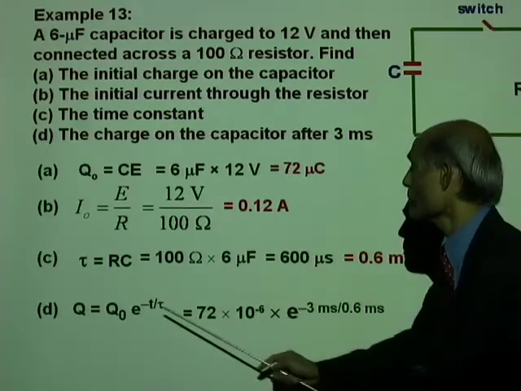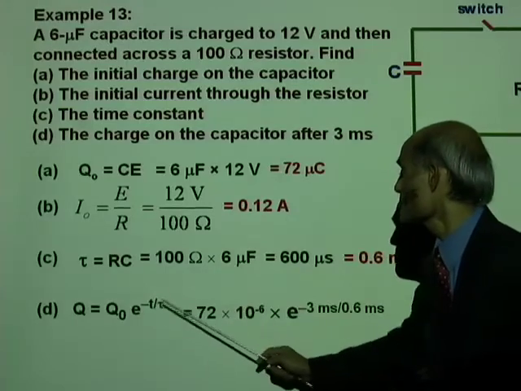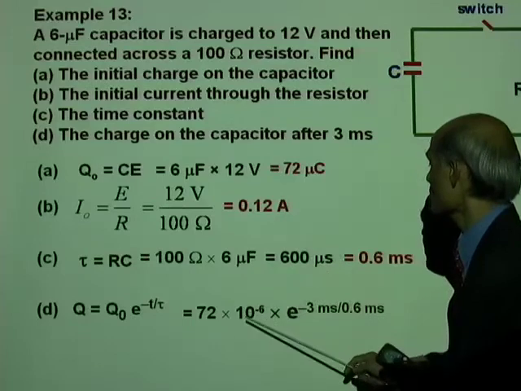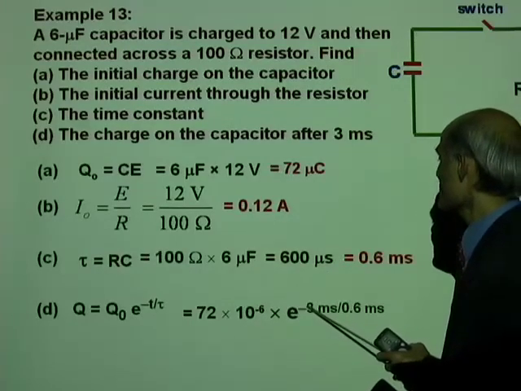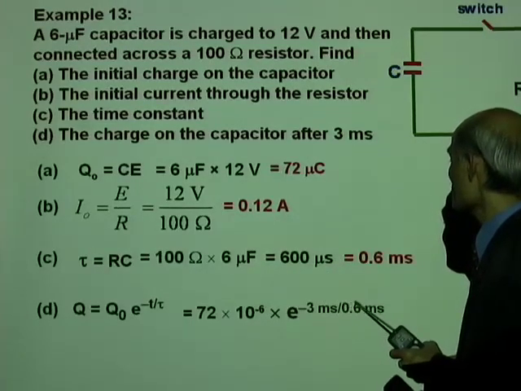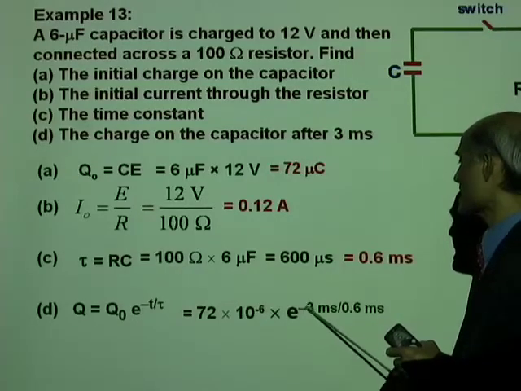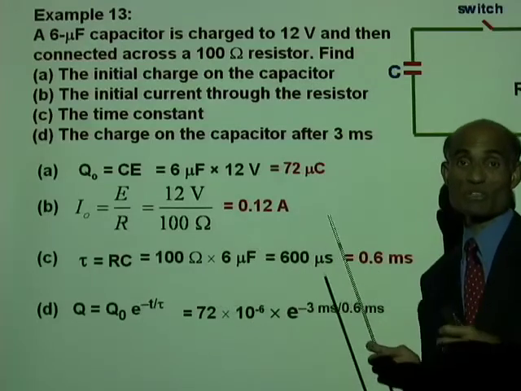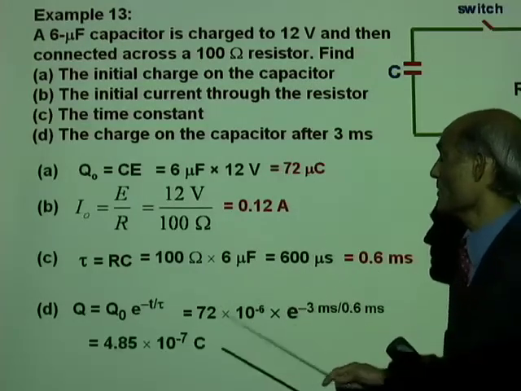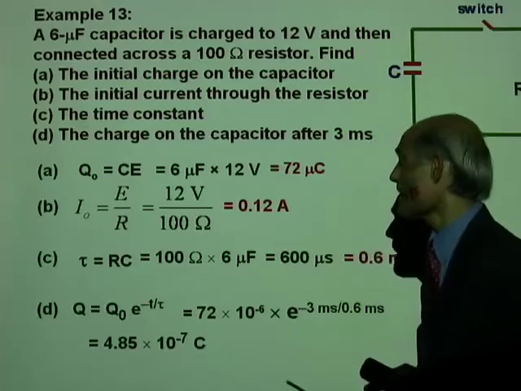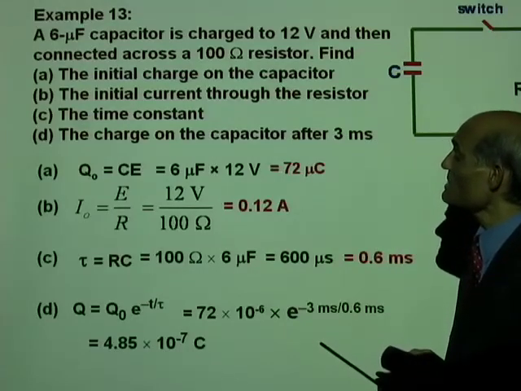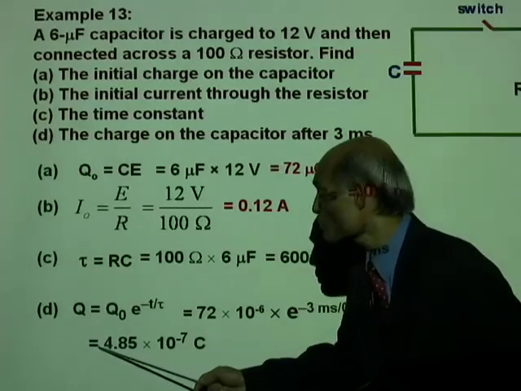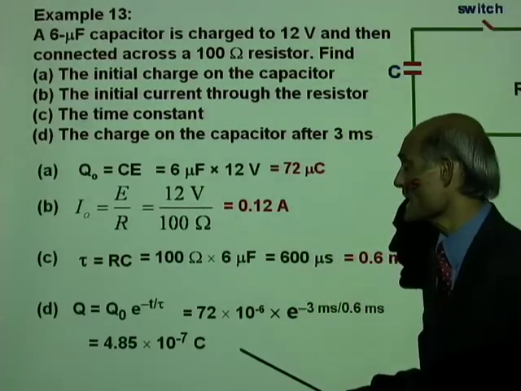So that will be 72 times 10 to the negative 6 coulomb times e to the power negative 3 milliseconds divided by 0.6 milliseconds. We can leave both in milliseconds because it's a ratio of the same quantities. That will be 4.85 times 10 to the negative 7 coulomb. After 3 milliseconds, this is the amount of charge left.